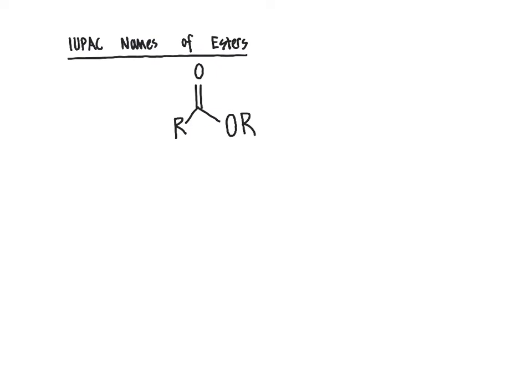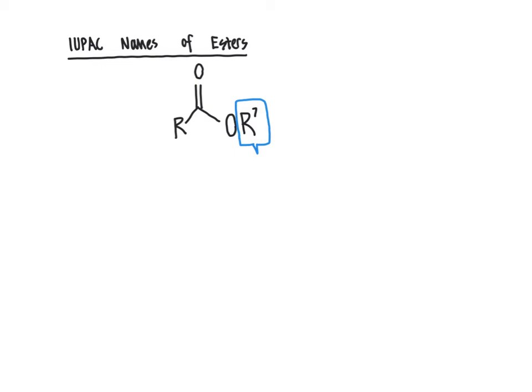So I'm going to call this R prime over here, to differentiate between the R group over here and the R group here. And what we will do in naming these is we refer to the R group that's directly bonded to our oxygen over here as an alkyl group.